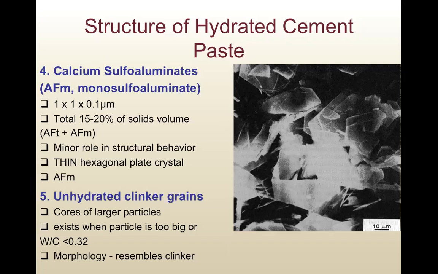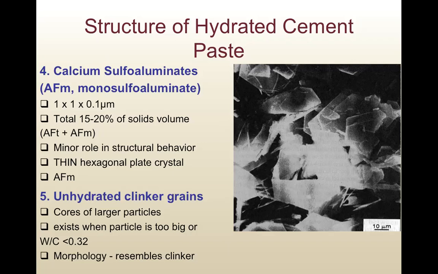A rule of thumb is if the size is larger than 60 micrometer, then the core of the cement grain may not be fully hydrated. Remember, the hydration process means the water needs to dissolve the cement grain, and when more hydration product precipitates on the surface of the cement grain, water needs to diffuse to the inner side of the cement grain and dissolve more ions into the solution.